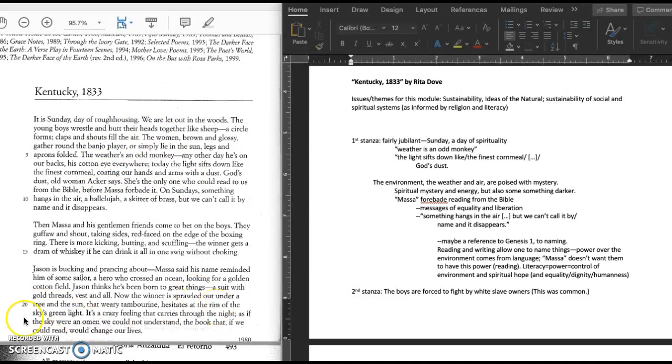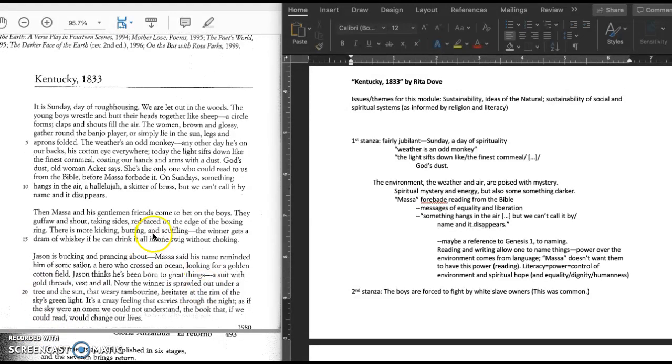The sky. So these are all issues related to the environment, even if they function as sort of metaphors or stand-ins for some way for spiritual meaning or the humanness, the dignity of their humanness, right? And so that's why I included it in the course.